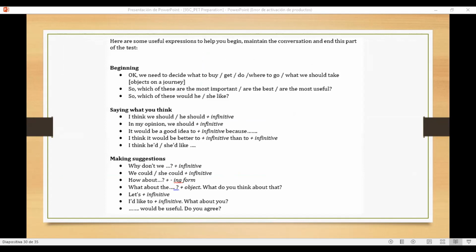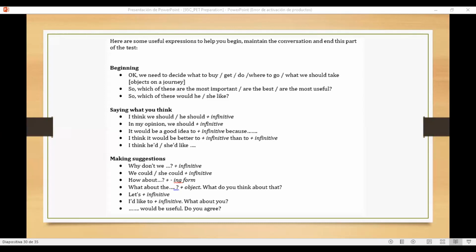Y así vamos a poder tener una pequeña práctica muy cortita y muy rápida sobre esta parte 3 del speaking. ¿Sí? Tengan en cuenta estas frases porque nos van a servir para poder hacer el diálogo. Sí, acuérdense que el tiempo es bien cortito.